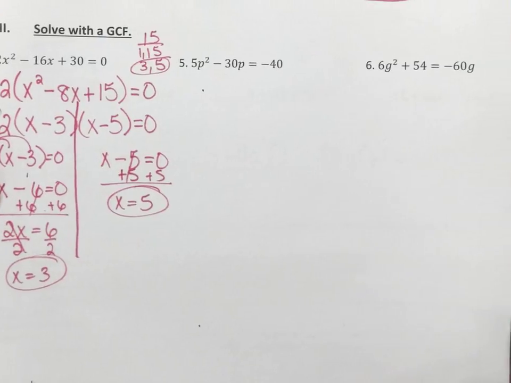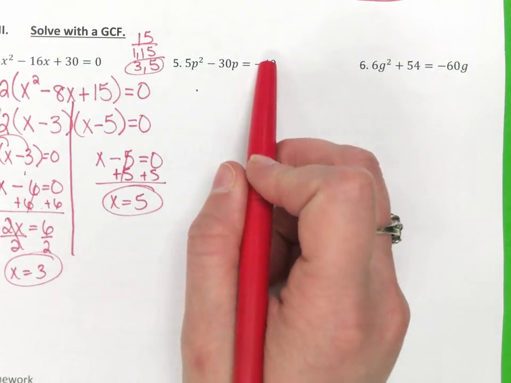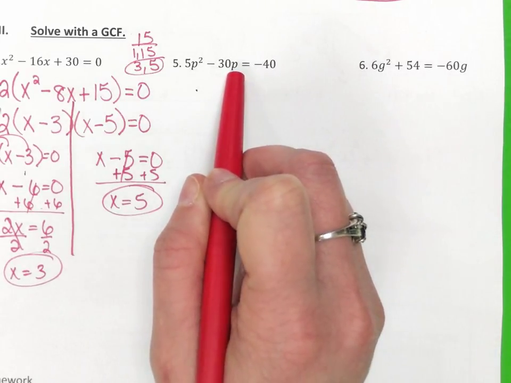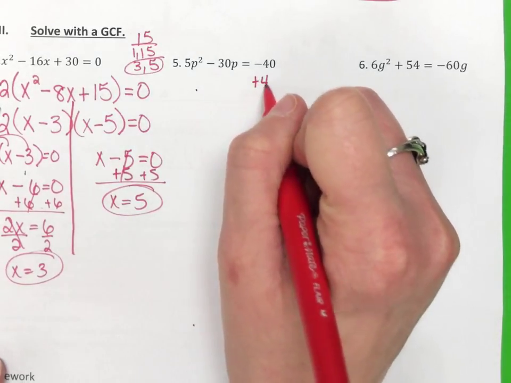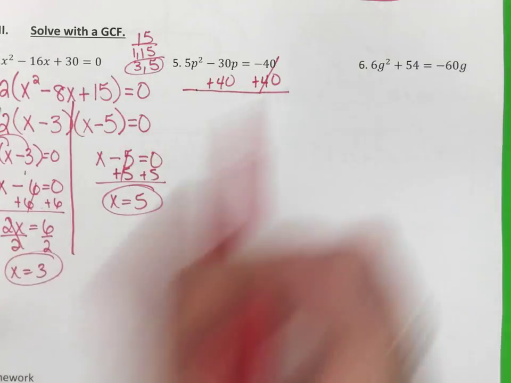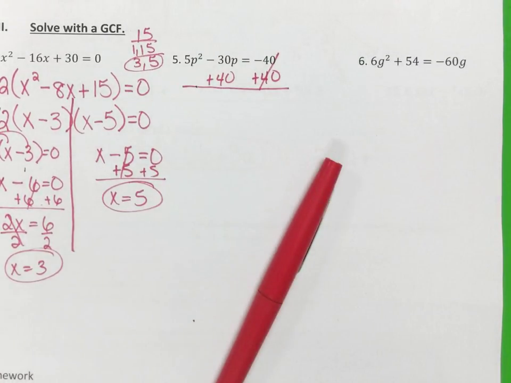5 doesn't equal 0. How do you move it? How do you add the 40? There you go. Add the 40. You can't combine those, one has a p.